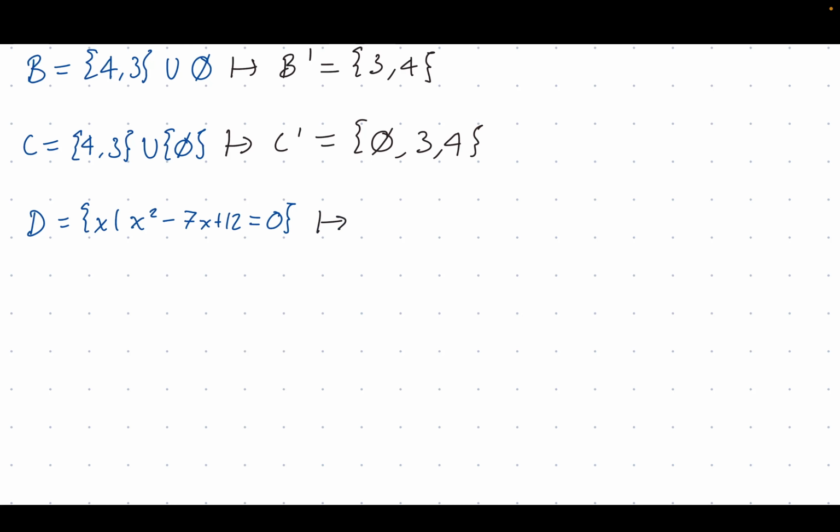Some basic application of either factoring or the quadratic formula will net you that D is equal to {3, 4}, and then using our rules to express it in the simplest way possible, there's no simpler way than just 3 and 4. Is that right? Yeah, 3 plus 4 is 7, 3 times 4 is 12. Okay, that looks good.